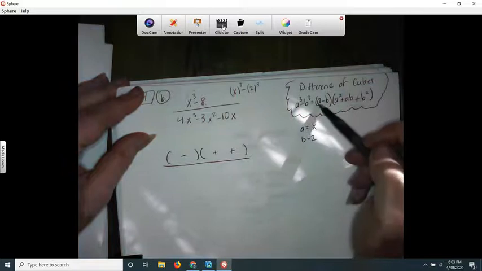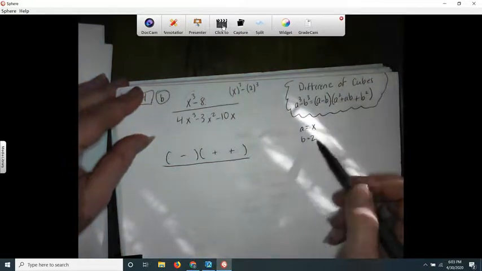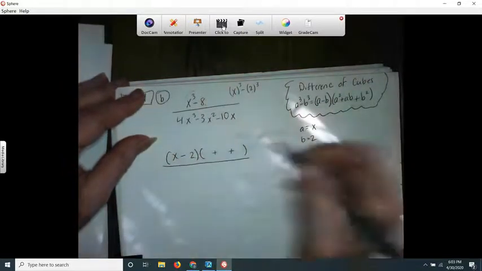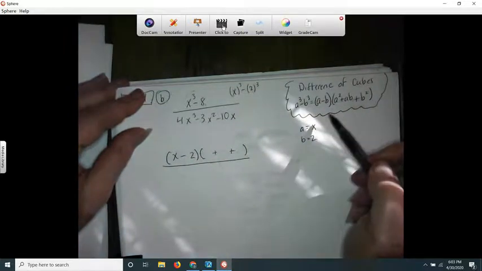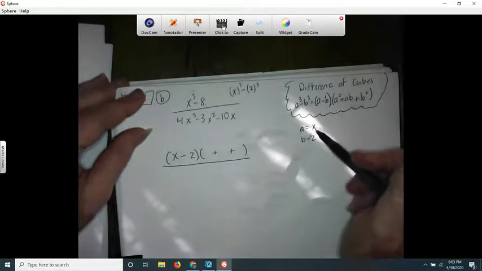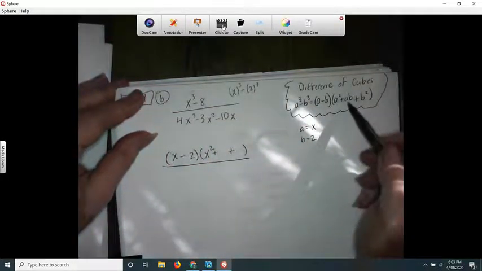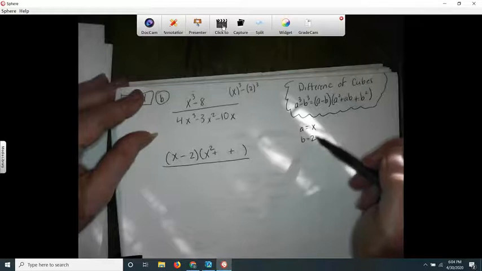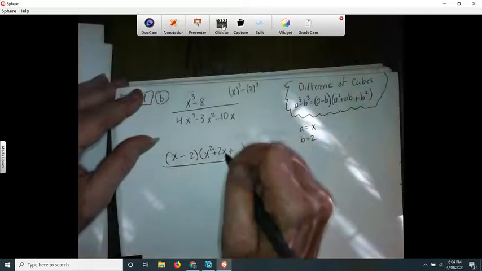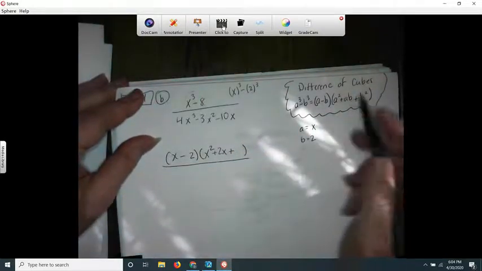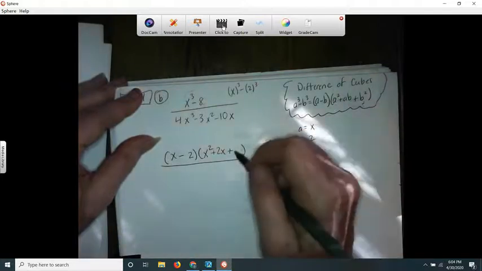So this says A minus B, so that's x minus 2. Then it wants A squared, so that's x squared. Then it wants A times B, so that's 2x. And then B squared, so 2 times 2, that's 4.